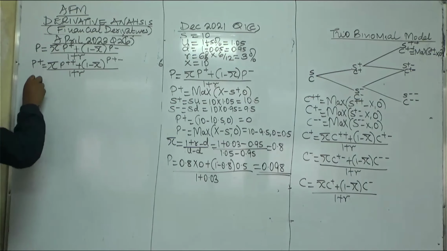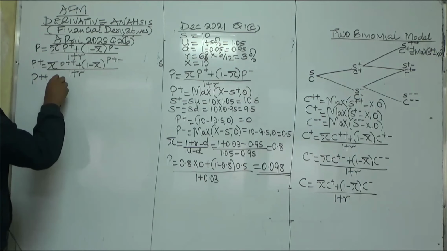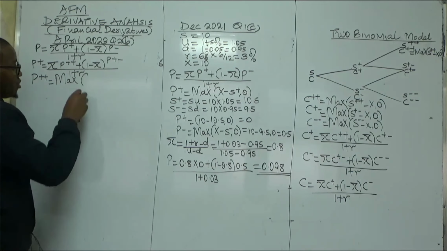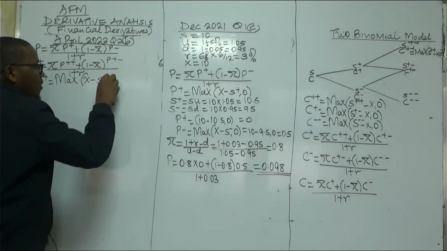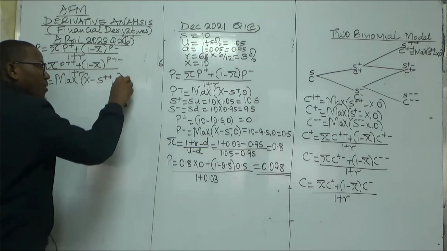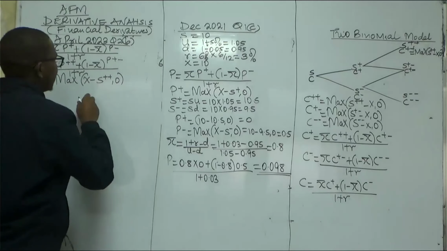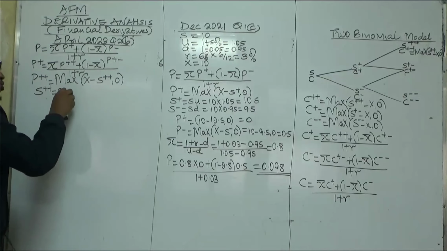Now, I need this P plus plus. It will be given by the maximum of the exercise price minus S plus plus, compared with 0. S plus plus is just SU squared.